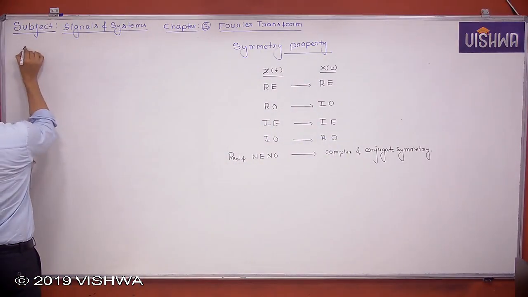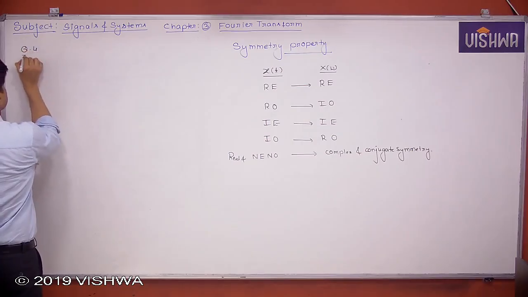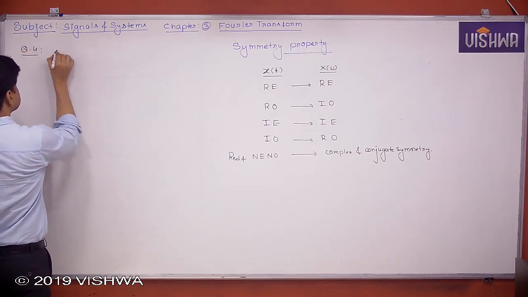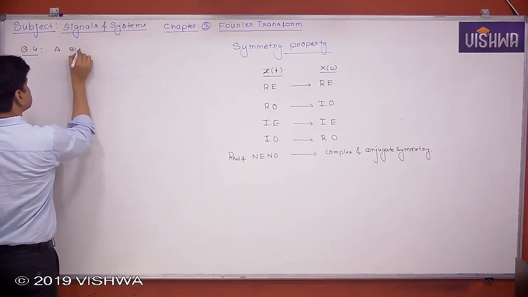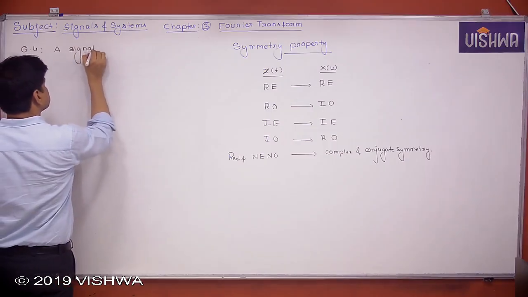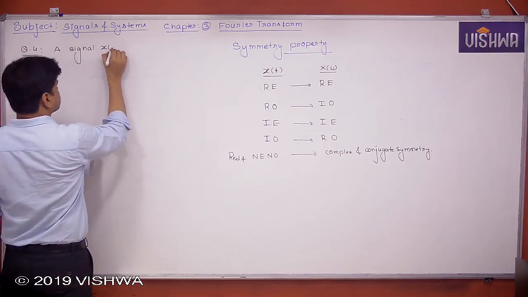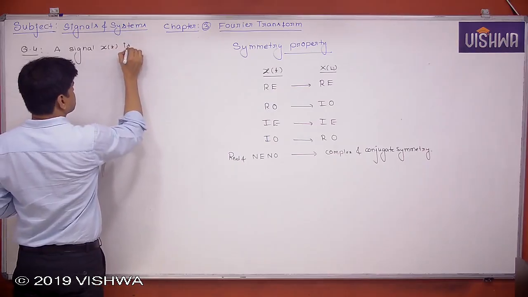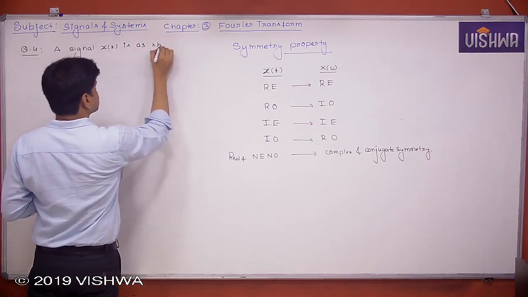Question number 4. A signal x of t is as shown in figure.